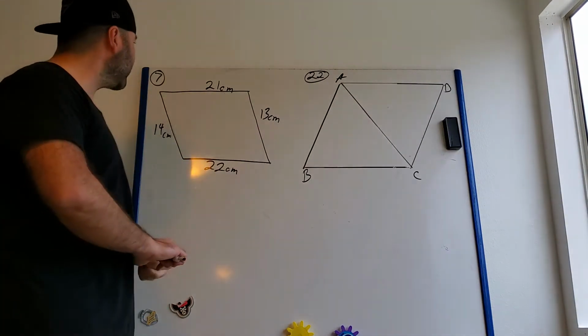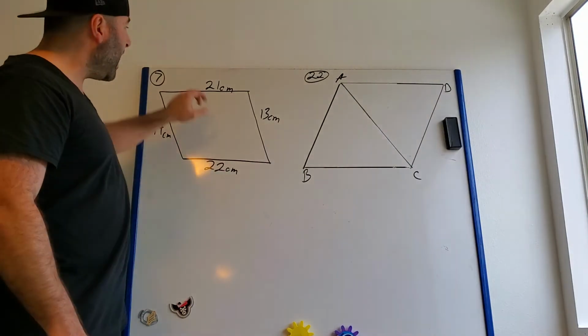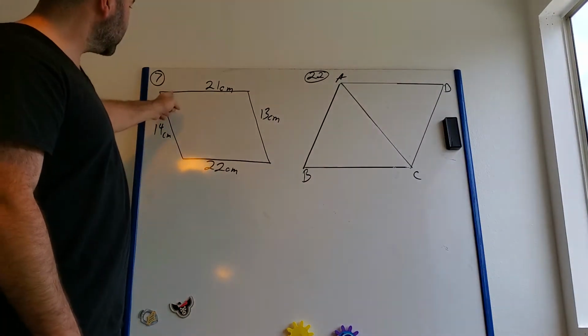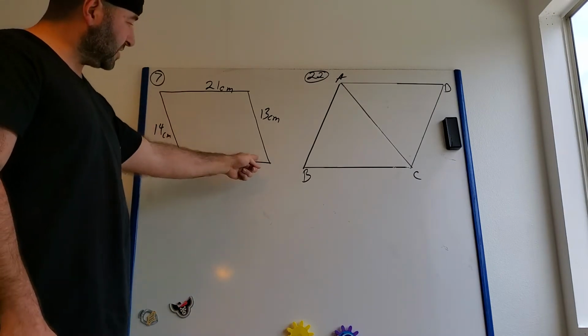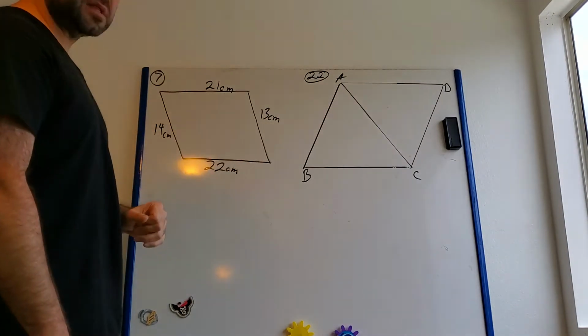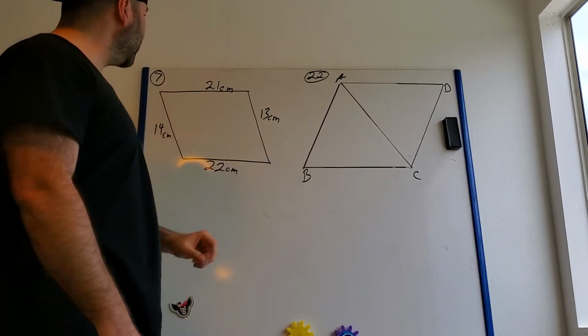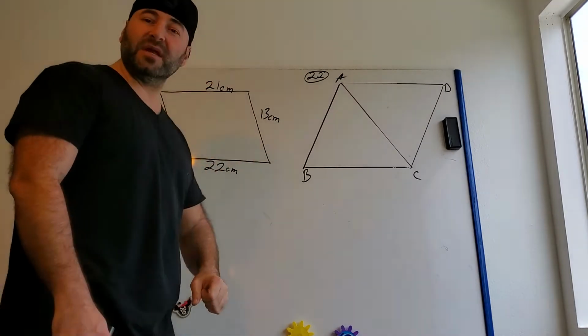But to go over everything for a parallelogram, opposite sides are congruent. Not only that, opposite angles. So this angle should be congruent to this angle. My drawing's a little off, but you get the idea. So these are not going to be the same. Those are not the same.